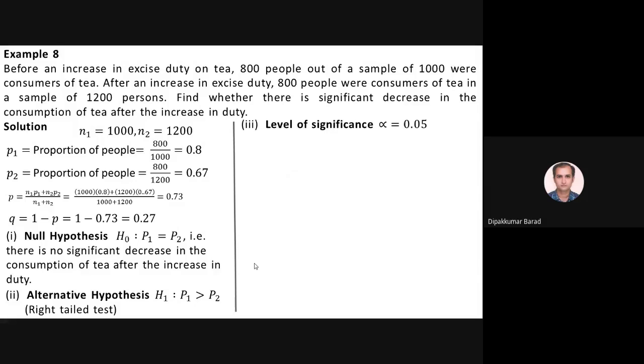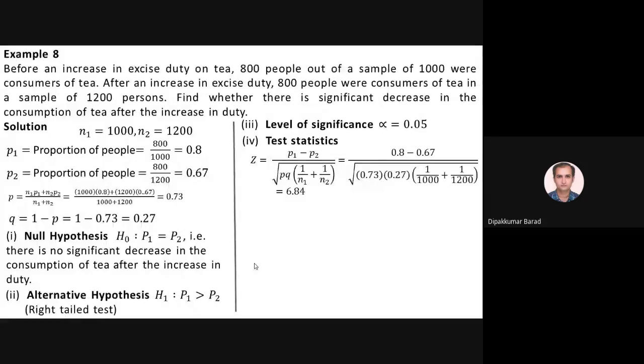Now the level of significance by default we consider as 0.05, and the test statistic Z is (p1 minus p2) upon the square root of small p small q into (1 upon n1 plus 1 upon n2).